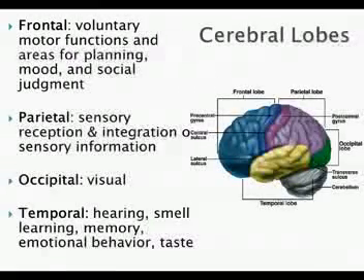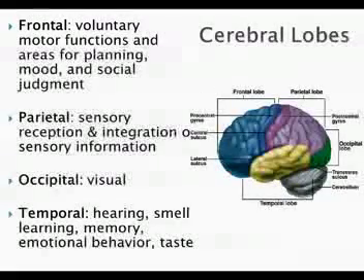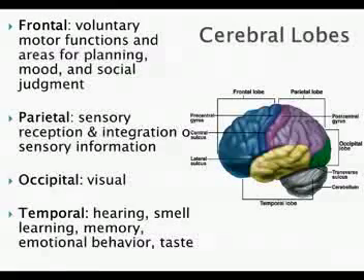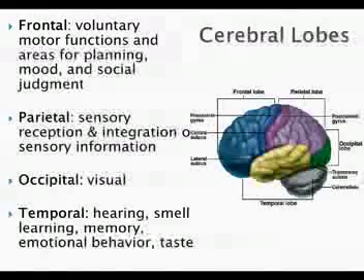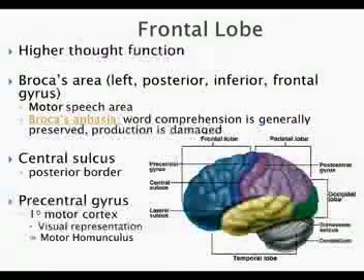Those things all come from the frontal lobe. The parietal is dealing with sensory reception and integration, more or less. The occipital lobe is dealing primarily with vision, and the temporal lobe is dealing with sensations in the sense of hearing, smell, emotional behavior, taste, things like that.